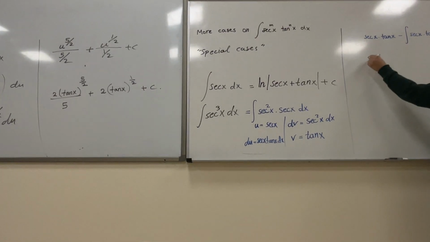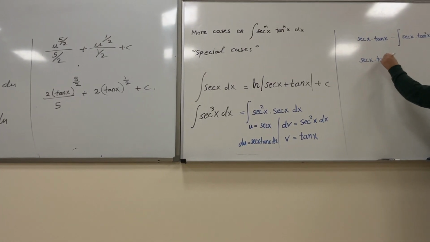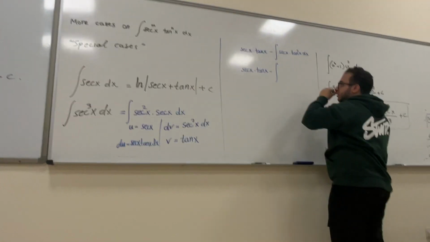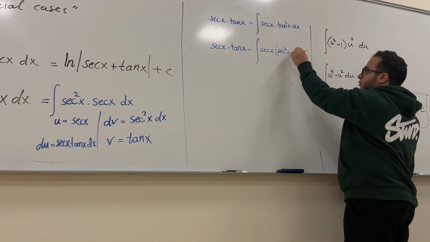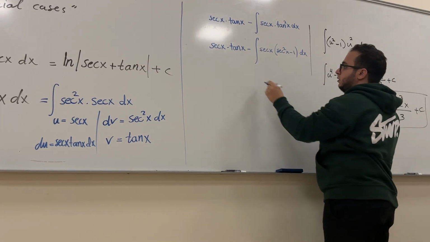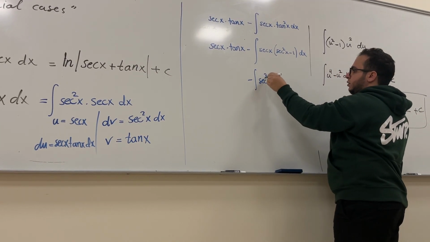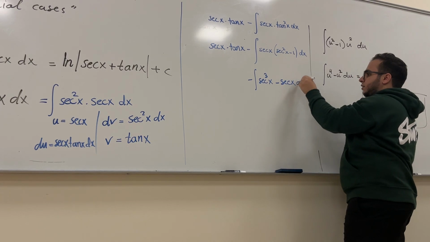But what's tan squared? Secant squared minus 1. So it becomes secant cube minus secant.